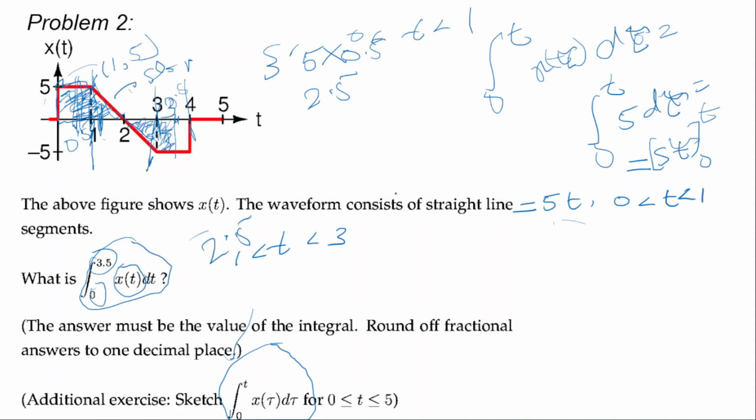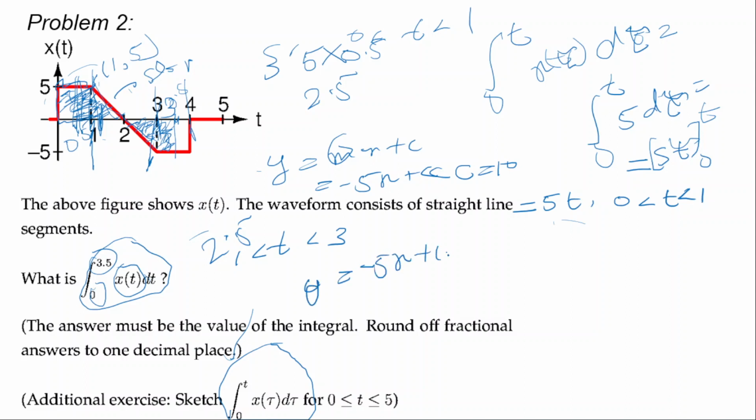Now we can apply y equals mx plus c, and our m is minus 5, so it's minus 5x plus c. We can calculate c by putting x equals 1 and y equals 5. Then c comes out as 10. So the equation of the line will be y equals minus 5x plus 10.